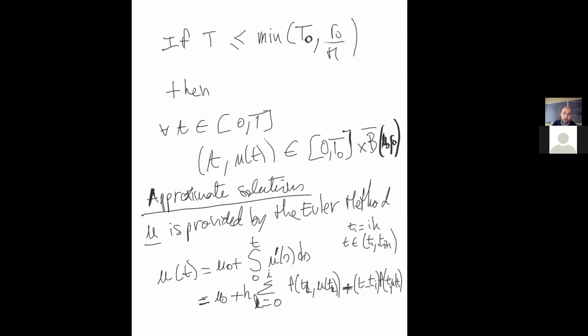And so now I can do the same computation. Now I get that |u(t) minus u_0| is less than h times this sum.